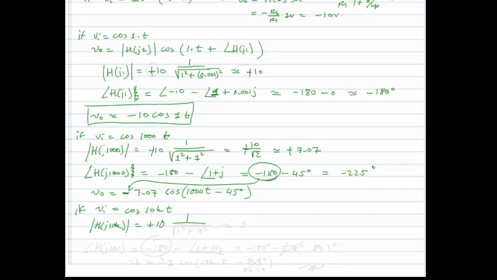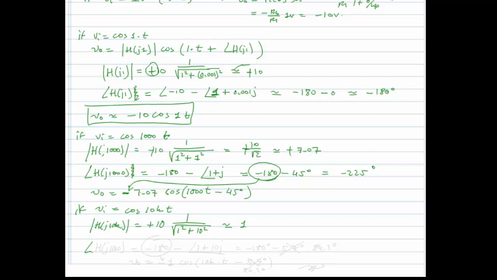You can't have a negative sign in your magnitude, so these were wrong right there. Okay, so 10 times 1 over the square root of 1 squared plus, and now this will be 10 squared, right? Because it's 10,000 over 1,000 squared. So now we're talking about something that's approximately 10 over 10, so approximately 1.